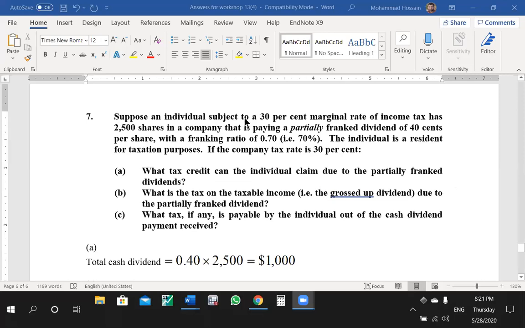Suppose an individual subject to a 30% marginal rate of income tax has 2,500 shares in a company that is paying a partially franked dividend of 40 cents per share. What percent is the frank? That's a good question. With a 70% franking ratio. So 70%.